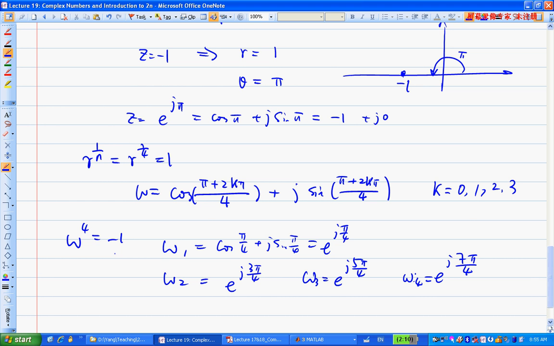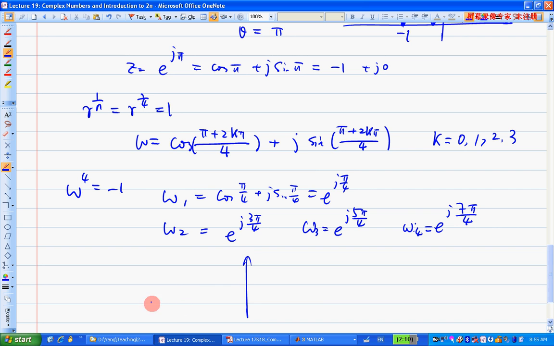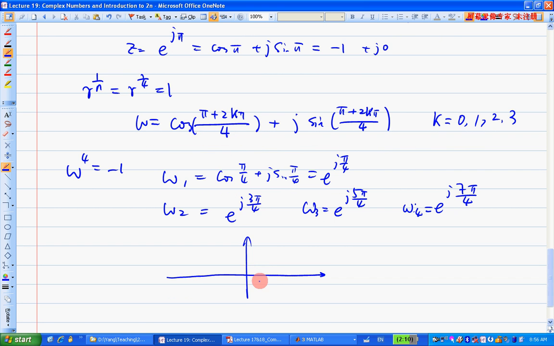So actually, it's quite interesting. If I plot these four complex numbers on the complex plane, let's see, where are they? You need to be very quick now in understanding the concept here.